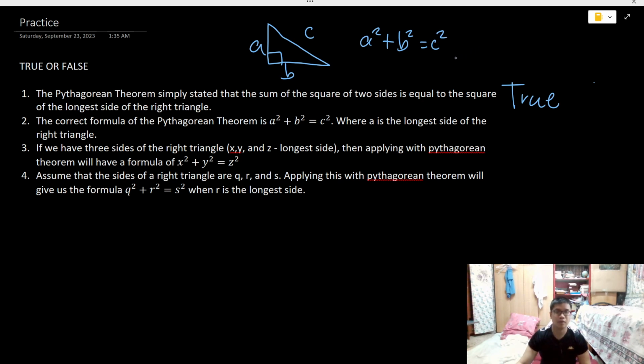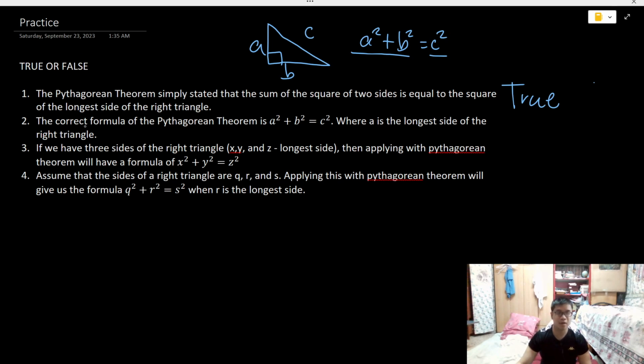C is the longest side, so it shall be left alone here. If you add the square of the two legs, it will be equal to the square of the longest side of the right triangle. So yes, it is true.